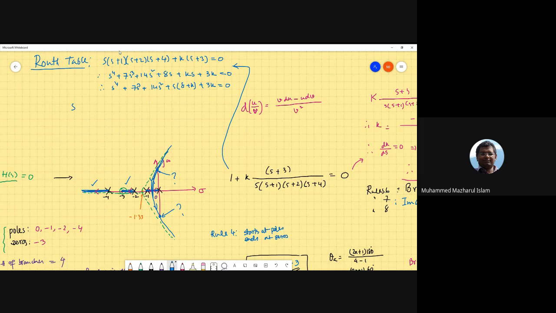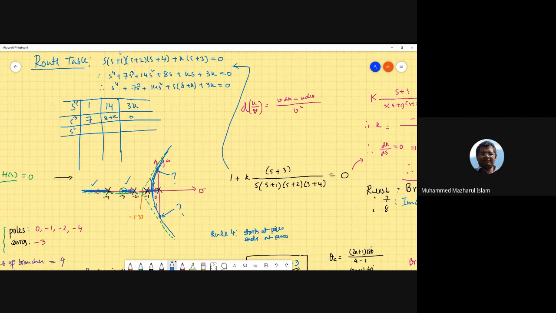Now let's make the Routh table. You've just learned this in Meet 2, so I don't think you've forgotten. s to the power 4 will have coefficients 1, 14 and 3k. s to the power 3 will have a coefficient of 7, and 8 plus k.